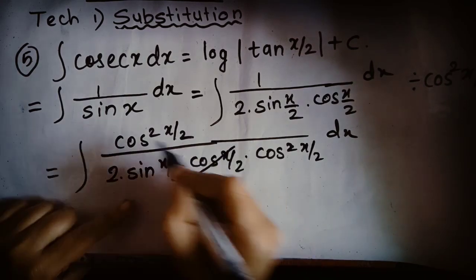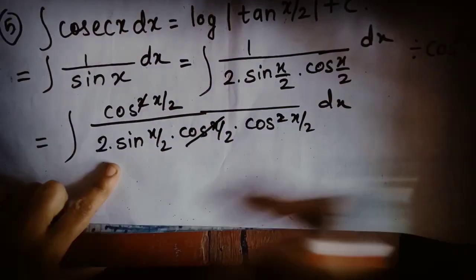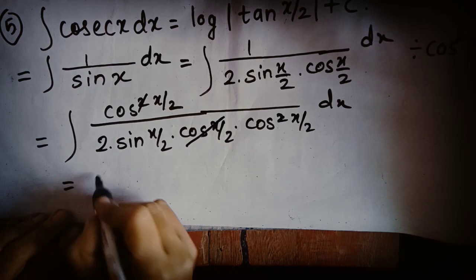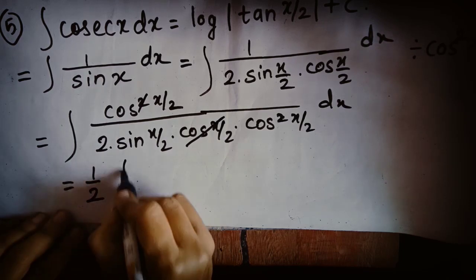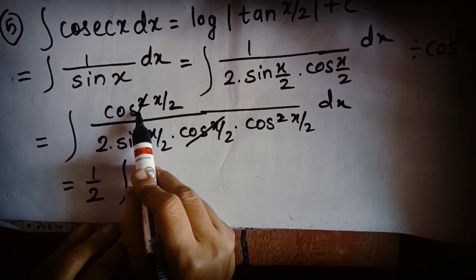So one of these cos goes, and half I am taking outside. So this sin x by 2 and cos x by 2 is there.